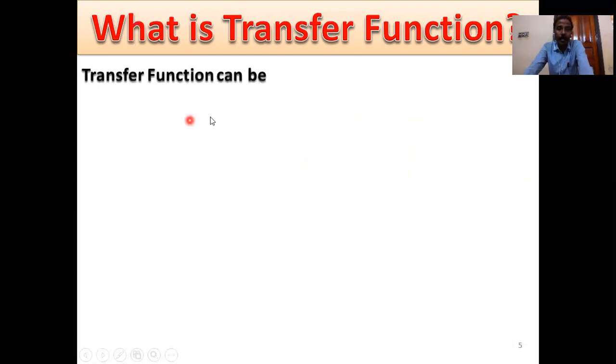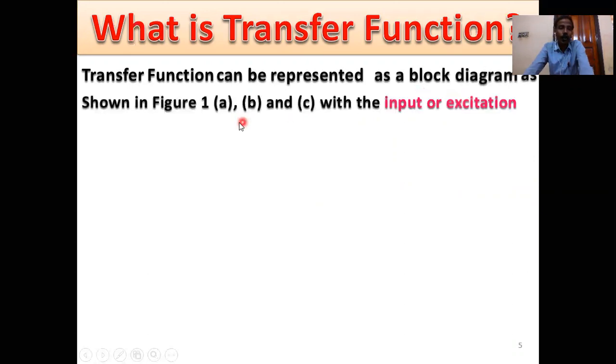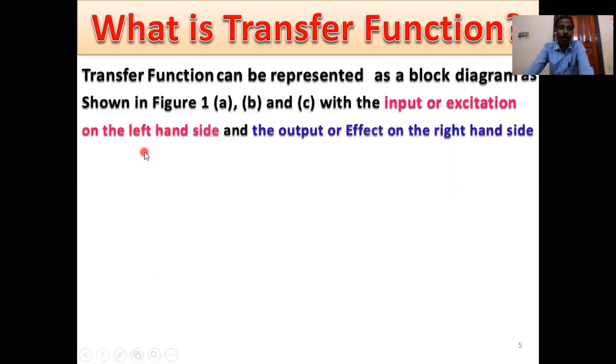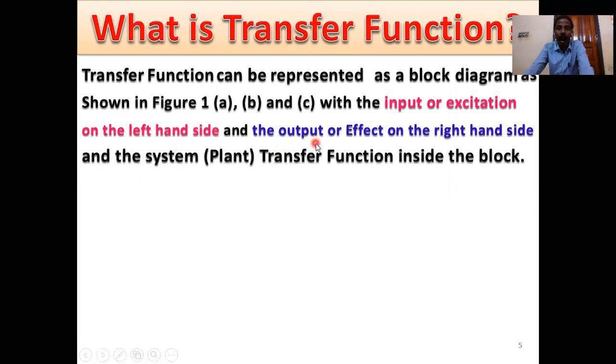So transfer function can be represented as a block diagram as shown in figure 1a, 1b, and 1c, with the input or excitation on the left hand side and the output or effects on the right hand side, and the system, plant or process transfer function inside the block.